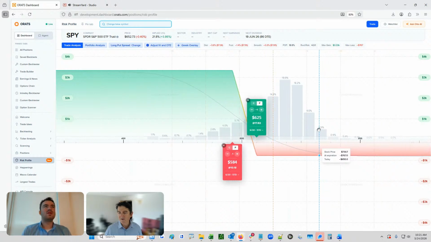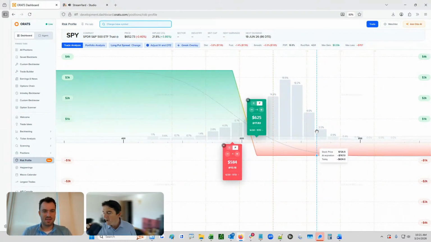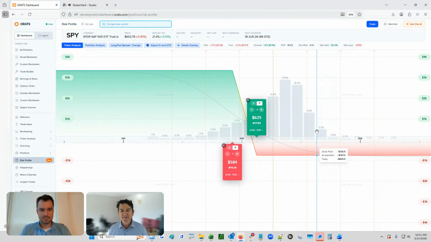So do you think there's reason in the risk profile to have that be a setting, default to 3-day, and you can look at 7-day, 30-day? Yeah, the issue there is that in the risk profile, you're generally going to have a bunch of different positions on.